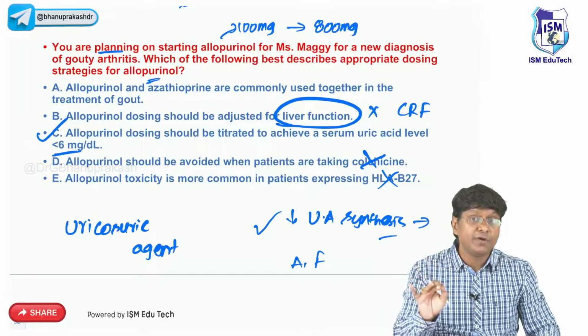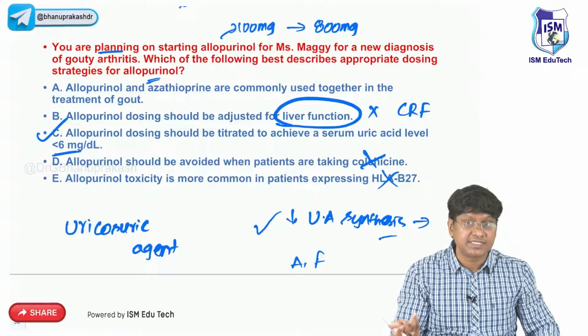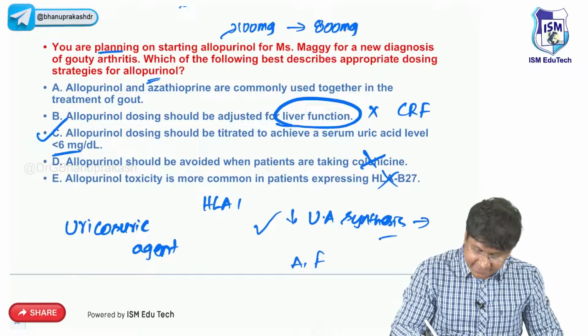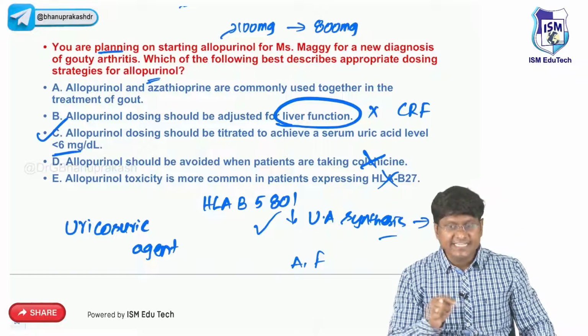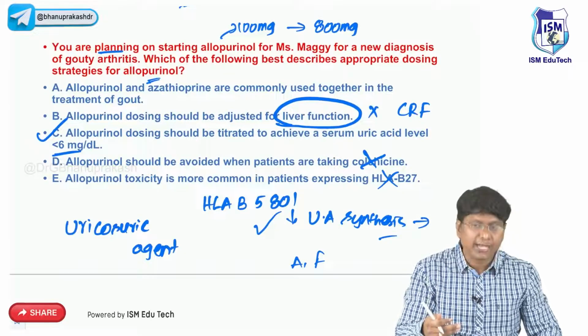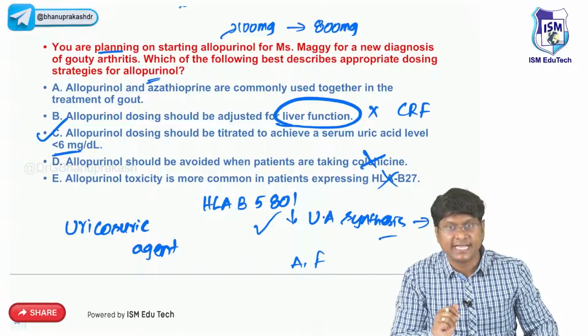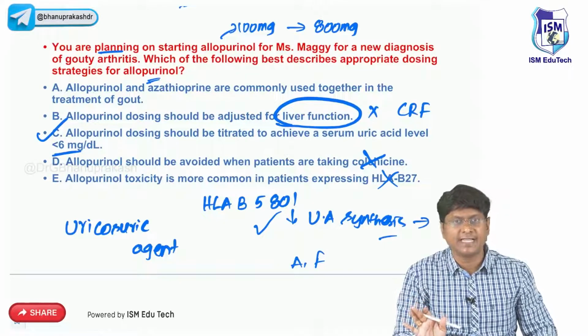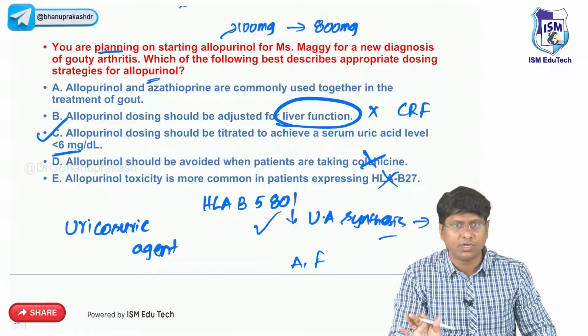Now, in which group of individuals can allopurinol toxicity occur? That is in patients who have the HLA-B5801. These patients, if they take allopurinol, have an increased risk of allopurinol toxicity, right? And colchicine is commonly used along with allopurinol in the treatment of gout or gouty arthritis.